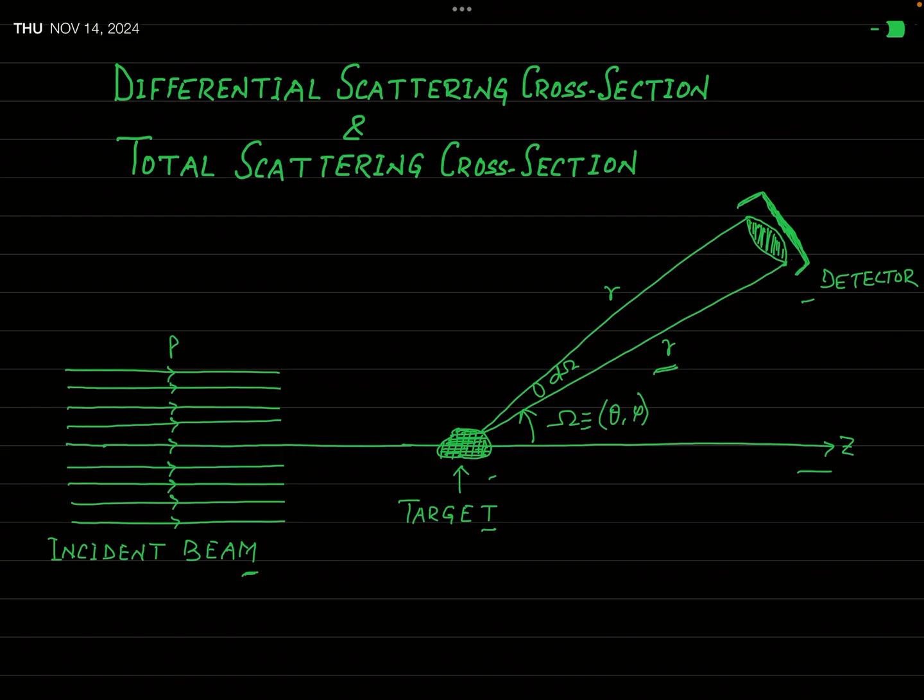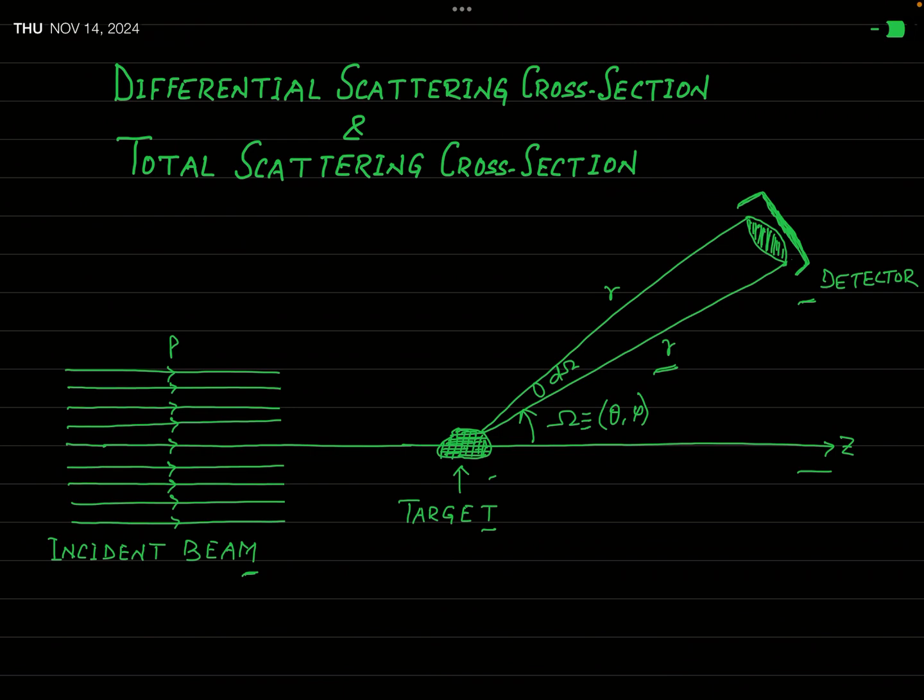We need a target which is a thin foil. We need a detector which detects the scattered particles, and we need an incident beam of particles which strike the target. Now, as I have told you, this short lecture is only meant for knowing the definition of differential scattering cross section and the total scattering cross section.